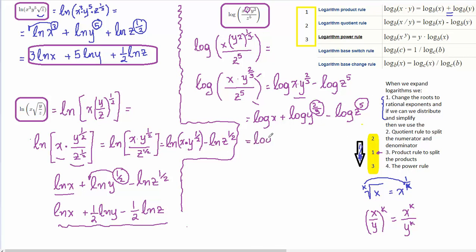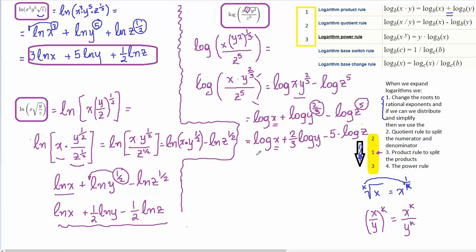The first one stays as is, because, how do you know when to stop? You should look at your argument. If the argument has just one variable in it, then you're done. You have expanded as far as possible. Plus 2/3, so I bring the exponents down using the power rule, log of y minus 5 times log of z.